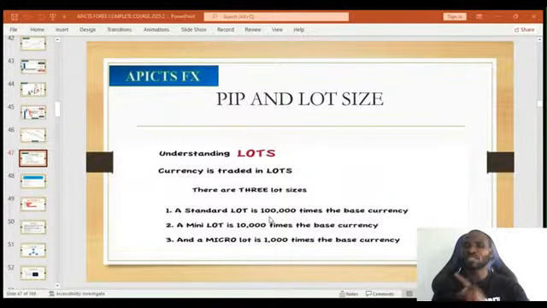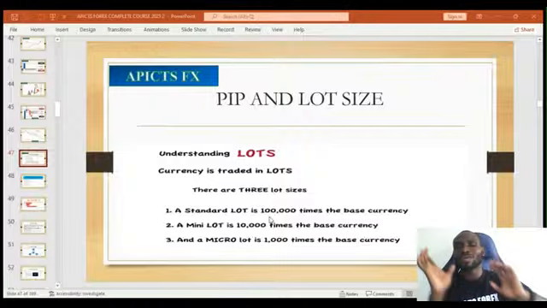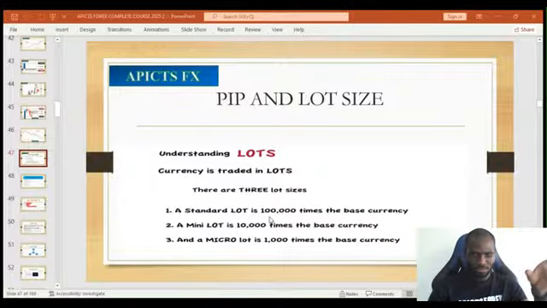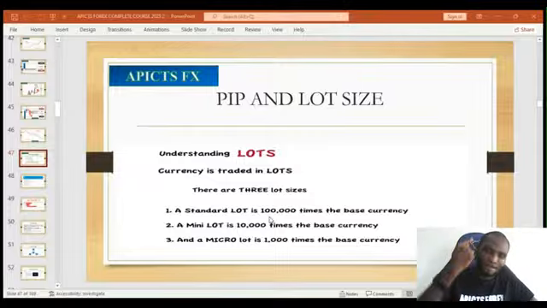It is going to be 20 pips multiplied by $10. And don't forget what we said earlier, that the amount per pip movement in standard lot is $10.